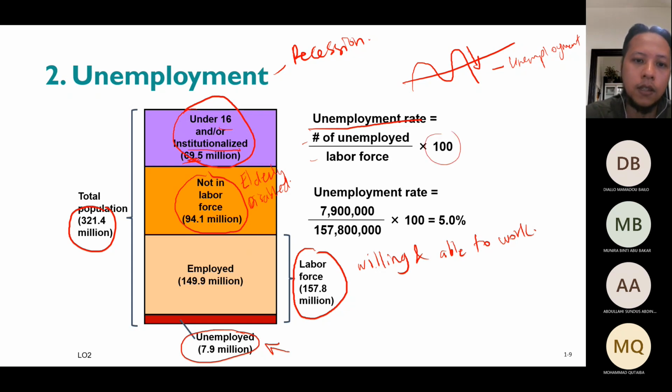In this case, the unemployment rate in the US during this time is 7.9 million over 157.8 million times 100. So the unemployment rate is 5%.